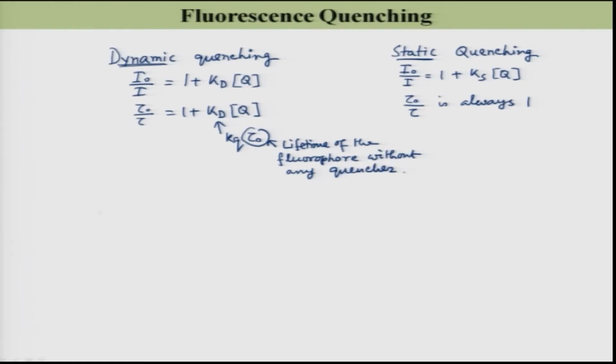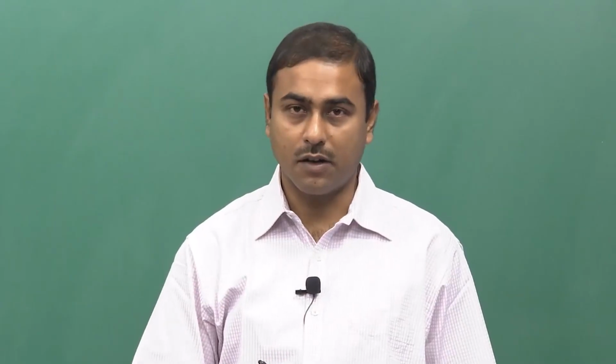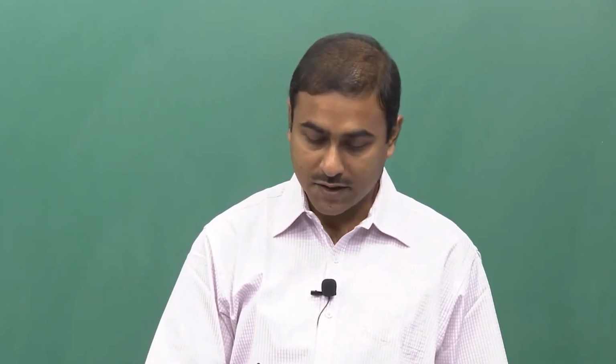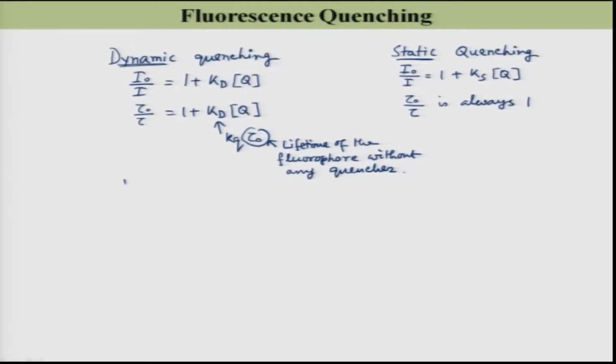Okay, so what is the prescription? I have to measure both I0 by I and tau 0 by tau. If both of them show a linear dependency with some slope, that means some value of Kd, then this is dynamic quenching. How do we measure tau 0?